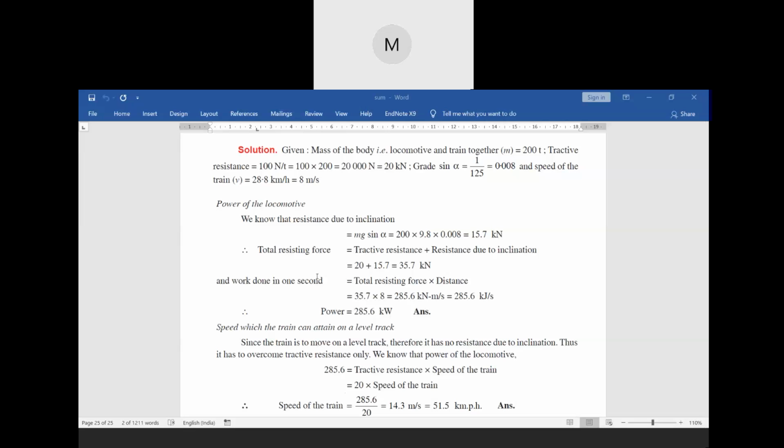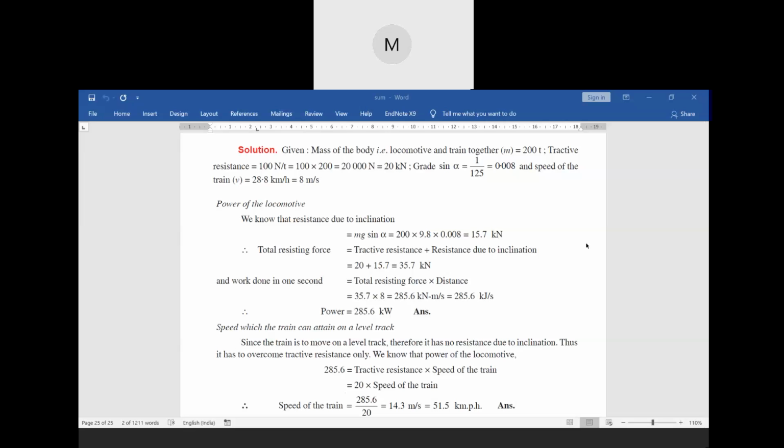That is given by 200, 200 means the mass, 200 tons, into 9.8 into 0.008. So it will be in kilonewton. It comes out to be 15.7 kilonewton.